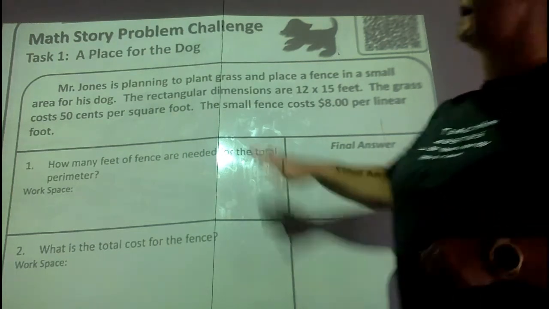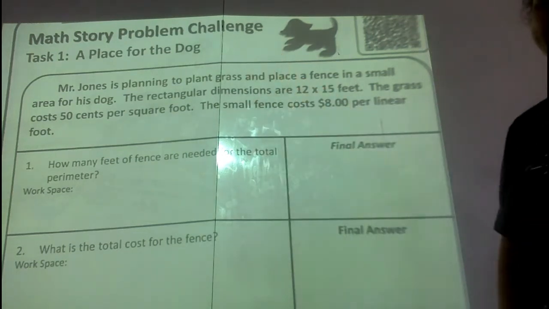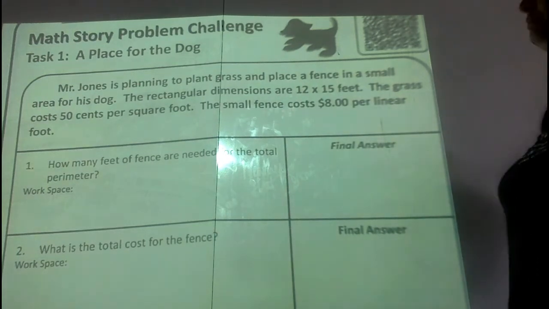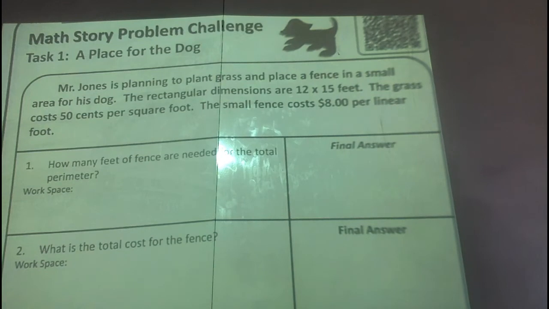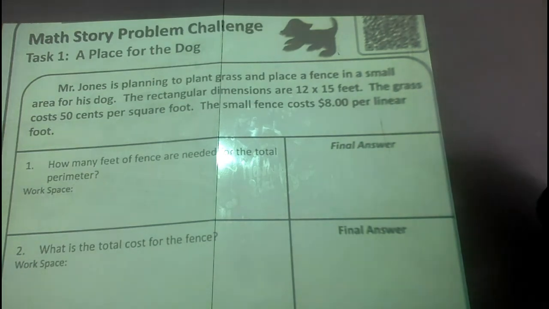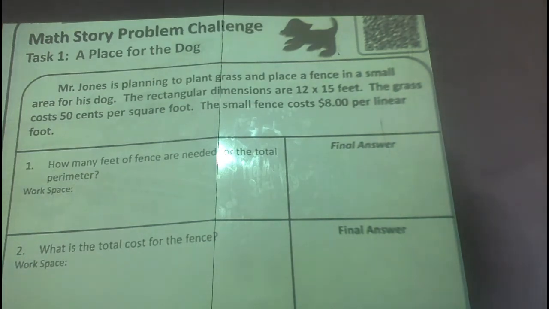So our math story problem challenge, this is task 1, a place for the dog. Mr. Jones is planning to plant grass and place a fence in the small area for his dog. The rectangular dimensions are 12 by 15 feet.